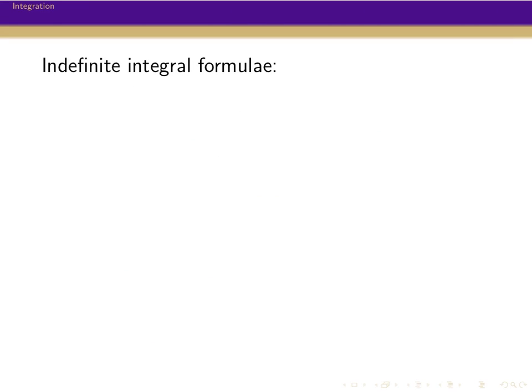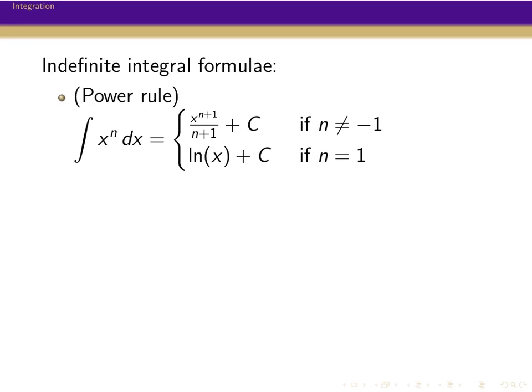Okay, so just like we have derivative formulas, we can come up with some indefinite integral formulas. So the first one, we could take derivatives of x to a power, and so if we're integrating x to the n dx, well, it makes a big difference whether n is minus 1 or not, and so this one should say n not equal to minus 1 right there.